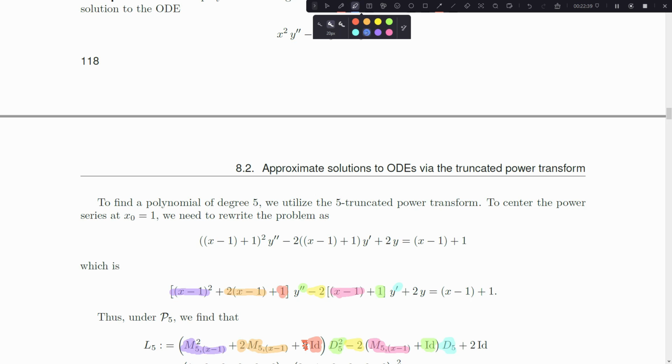And then 2 multiplications by the identity is just 2. And so this is kind of the way that we have to reinterpret these ODE problems in terms of matrices. We just represent each multiplication as the multiplication matrix, and we represent each derivative as the derivative matrix. And we just have to be clever about calculating that out.